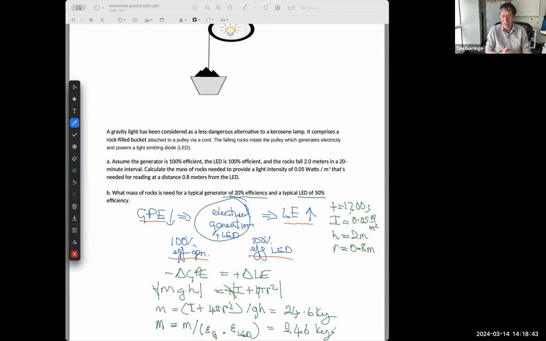So that might be 3, 4, 5 people worth of mass to run the LED light so that we can just read for 20 minutes. And so I'm thinking, well, I would have lifted up the medium to large size dog every 20 minutes, but I don't think I'm going to lift up 3, 4, 5 people every 20 minutes just to read my book.